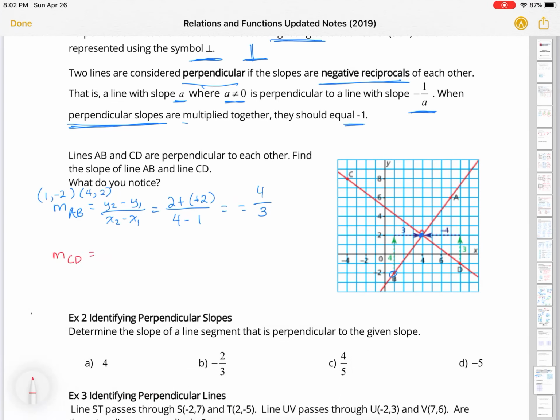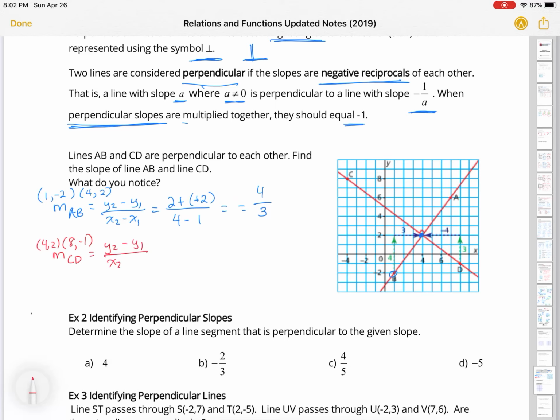Sorry about all that. For m of CD, let's use the points. It does cross through that same point there, that (4, 2). And we can use C or D. Actually, we probably should use C or D. So D is (8, -1).